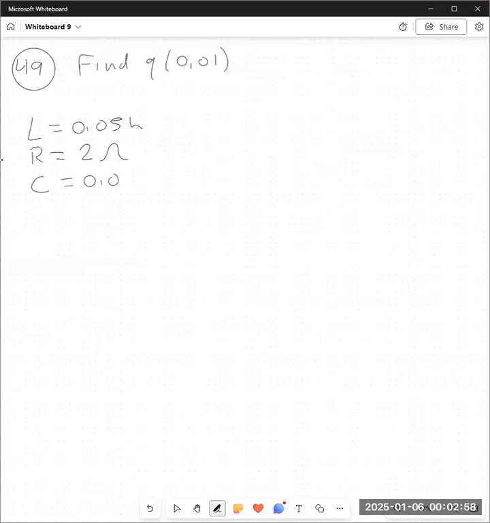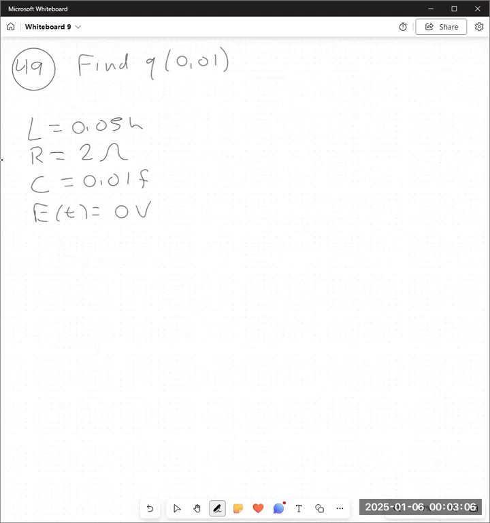It tells us that we want to find the charge on the capacitor in an LRC series circuit at time t is equal to 1/100th of a second. So find Q of 1/100th of a second as our ultimate goal when L is equal to 5/100ths of a henry and R is equal to 2 ohms, and C, our capacitance, is equal to 1/100th of a farad, and E of t is equal to 0 volts.